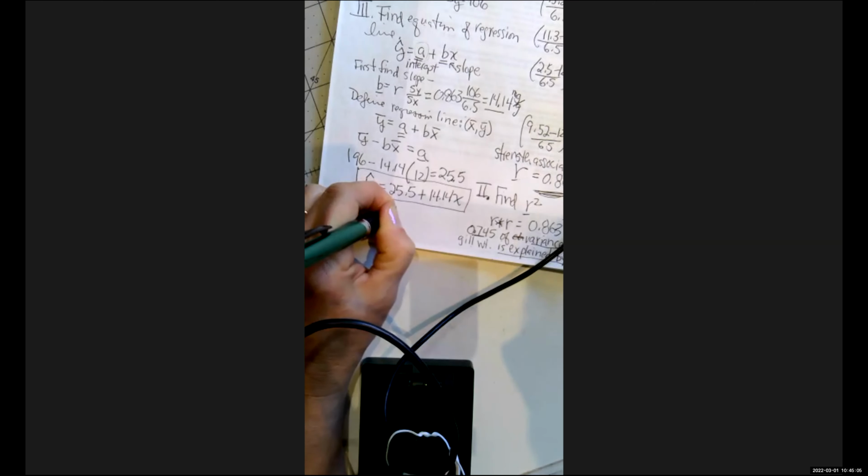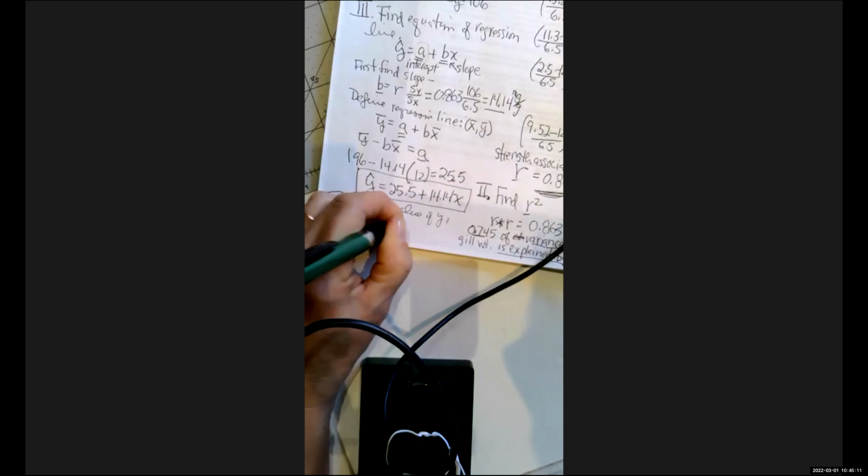And our last question we might be asked to solve is to find a value of y given a value of x. For example, if x equals 22.7, what does my y equal? What is my predicted gill weight for a crab with body weight 22.7 grams?